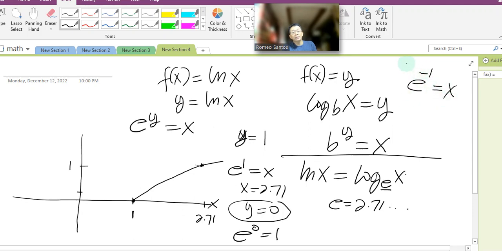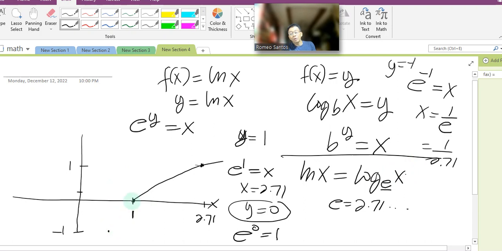That is when y is equal to negative 1, x therefore is 1 over e, which is 1 over 2.71, and of course this is less than 1. So it is somewhere here.